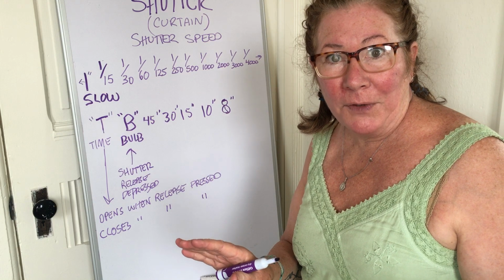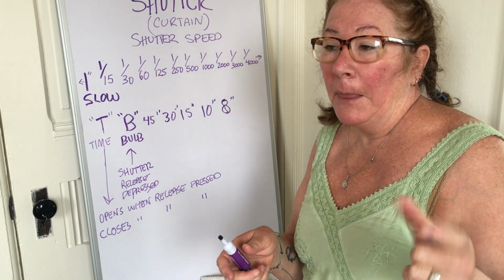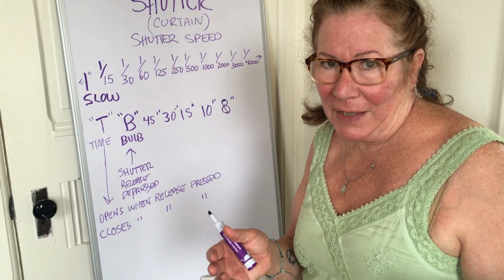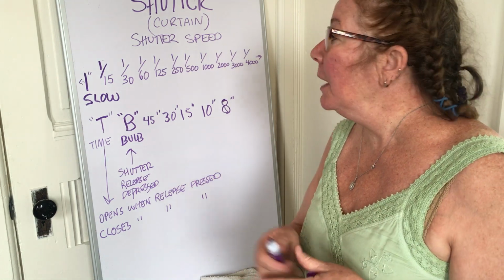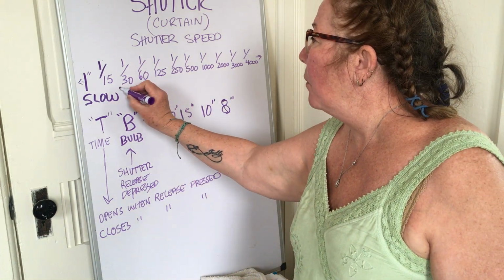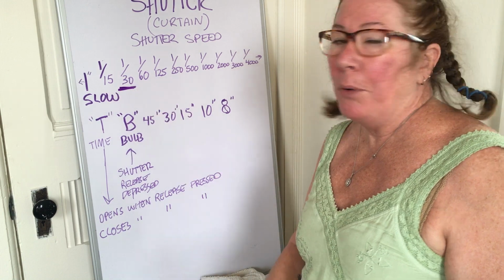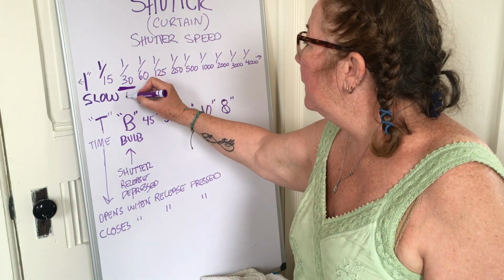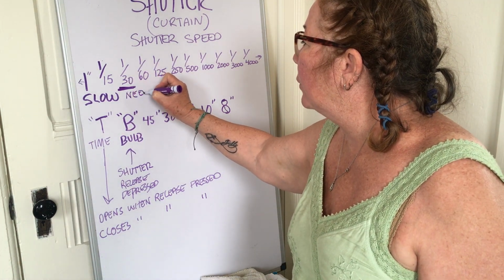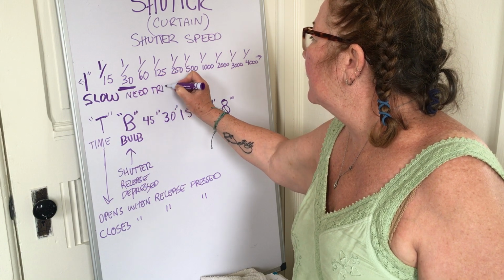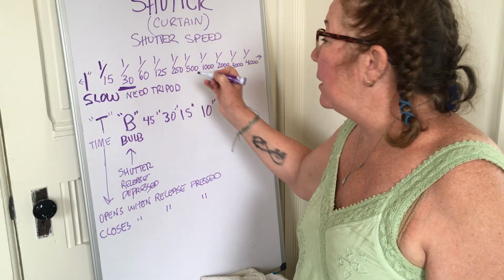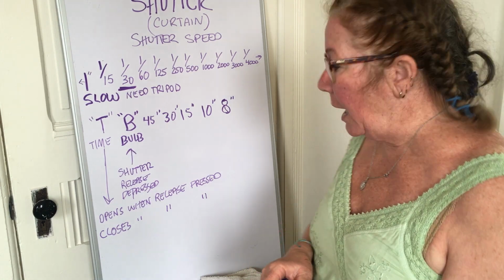That's a long time for the shutter to stay open, and a lot of times you just can't even hold your camera still for a second when it's handheld. Anything below 1/30th of a second, you'll need a tripod to hold your camera still. And I will show you another way to hold your camera still too. We'll talk about that as well.